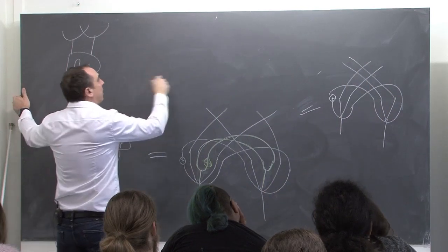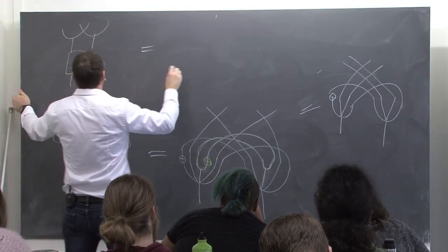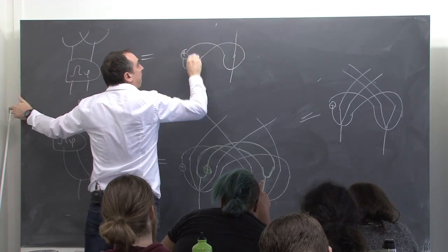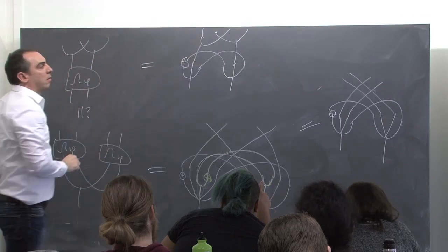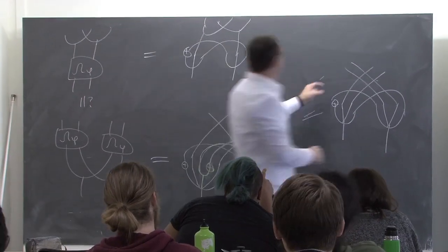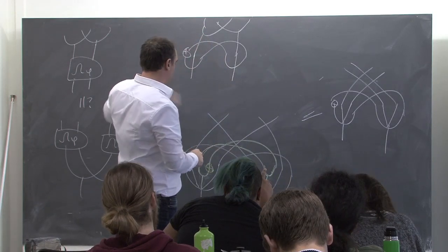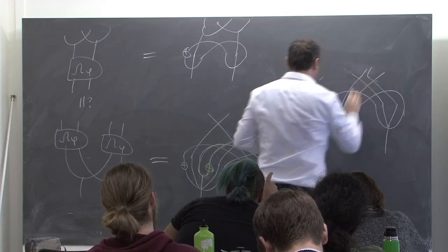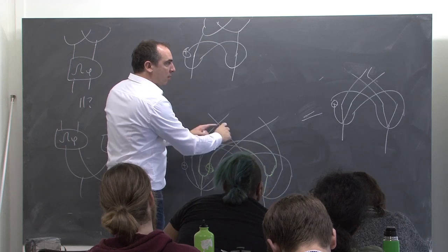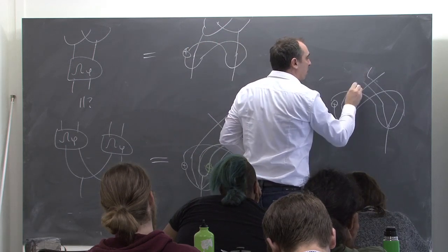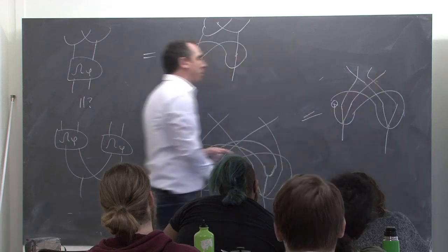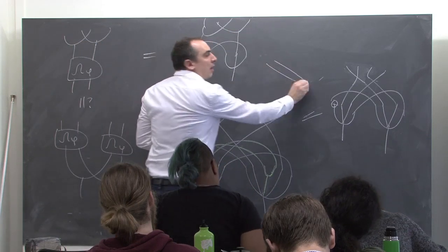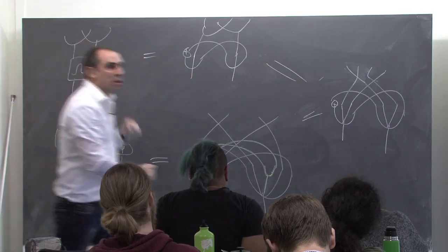But now if I write this, it is equal to this, and you can see this is exactly, maybe I put too much here. Yeah, you just cross these two and these two. Okay. And if you slide this and this, you exactly have this. So we have proved the equality of this.